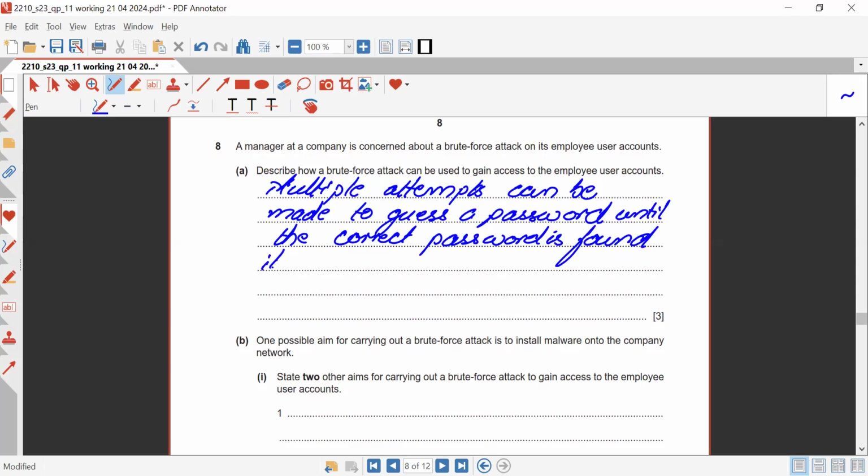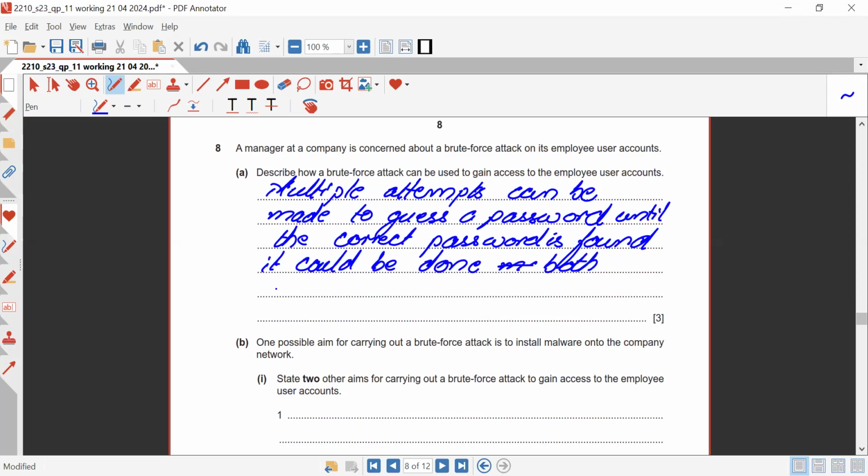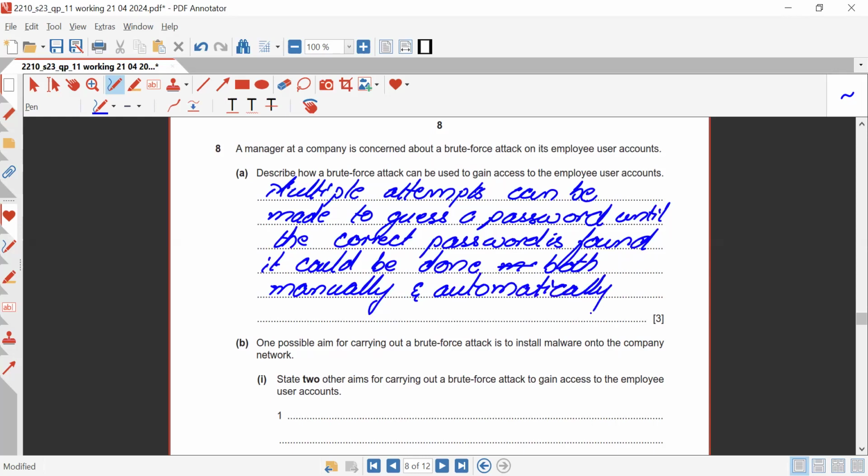It could be done both manually and automatically by a system.